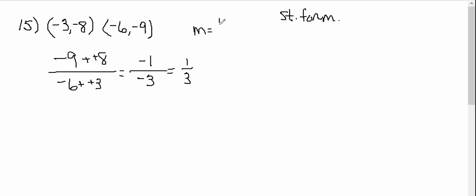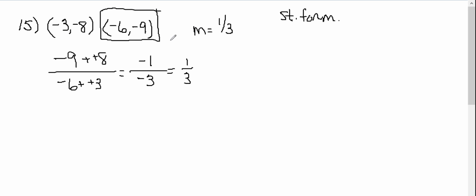So my slope is 1 over 3. And I'm going to use either one of these points, and I guess I'll use this one here for no reason. I'm just picking out one of them.